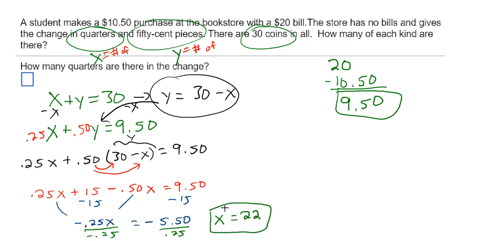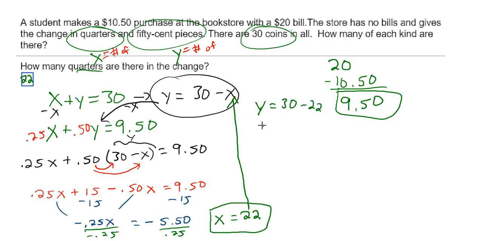So thankfully it worked out nice. We have 22 quarters, right? So how many quarters are there in the change? 22, because x, again, remember, was representing the number of quarters. To get the number of 50-cent pieces, we'll take x equals 22, plug it back into one of the original equations, solve for y.